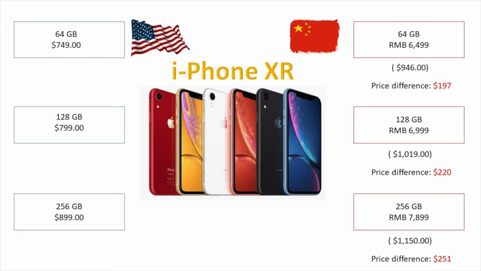Price difference, $220. The 256 gigabyte in America is going to cost you $899. The 256 gigabyte in RMB is 7,899, which equals about $1,150, a price difference of $251.